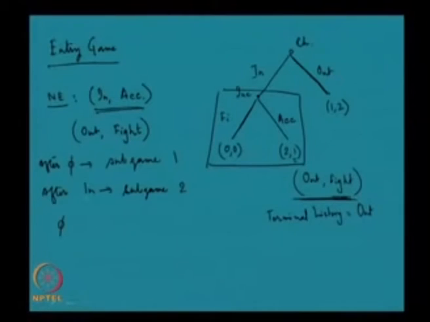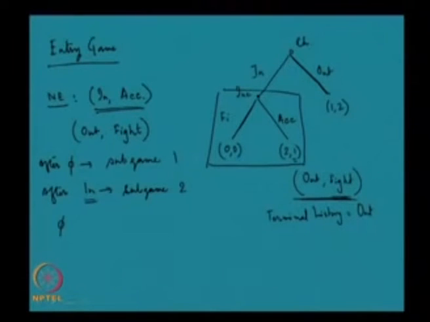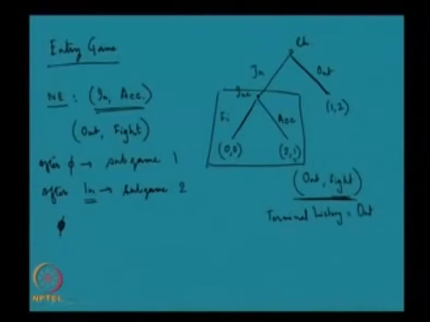So the only thing I need to check is that after the history in, in this subgame, are we getting a Nash equilibrium or not? If we are getting a Nash equilibrium there, then we have got Nash equilibrium in every possible subgame and we are through. So here I can forget about this. This is the crucial thing that we need to look at.